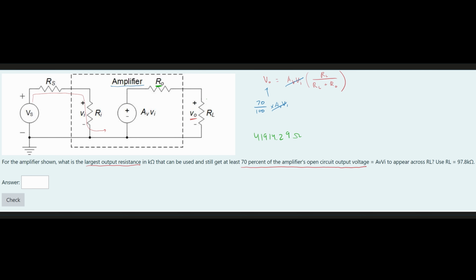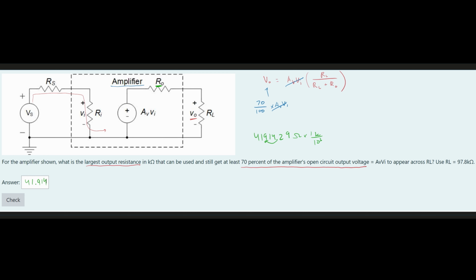So we're going to have this equal to our R naught. Oh, I'm sorry, this is 1 kilo over 10 cubed, because that's the conversion. We move the decimal place 3 to the left and get approximately 41.914. And that is the answer for this problem.